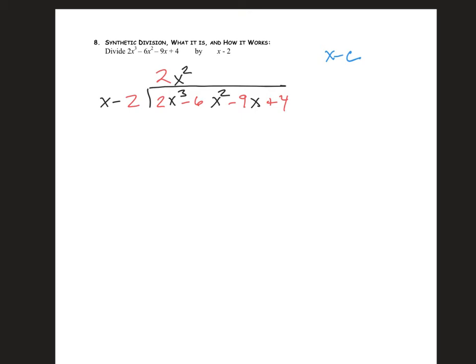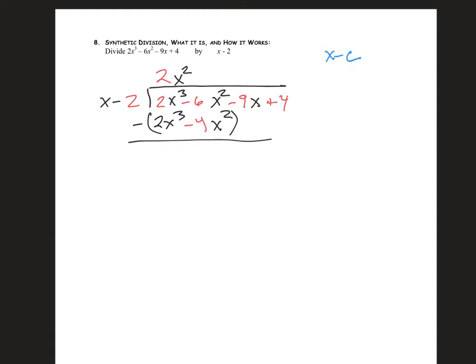First, I have to multiply by the divisor, and then I can subtract. So when I multiply, I get 2x cubed minus, well, actually this piece is going to be important, minus 4x squared, and then we're going to subtract.